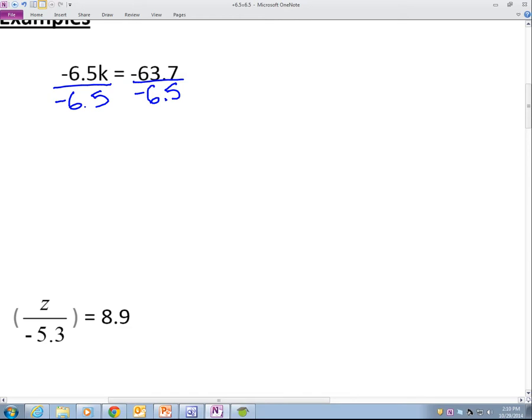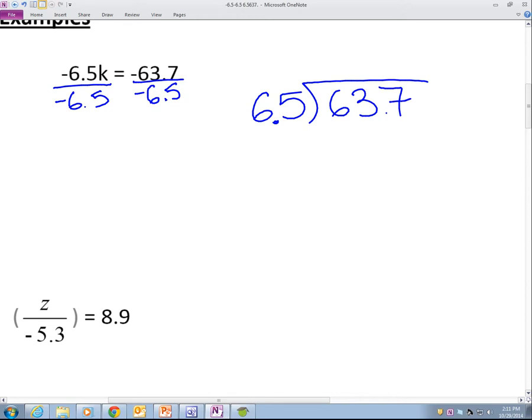So now I have to think to myself, what do I need to do when I divide decimals? What's the first thing I need to do, Sam? The number that you're dividing by can't have a decimal in it, so you need to make it 65. Good. What he just said was, I cannot have a negative or a decimal in my divisor.